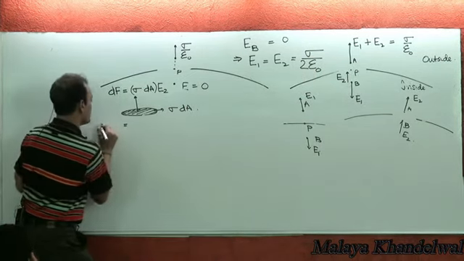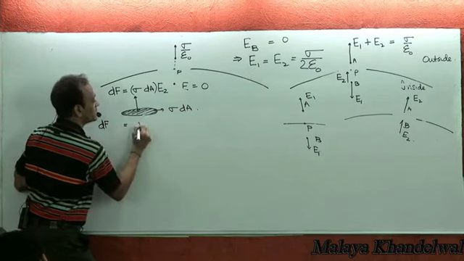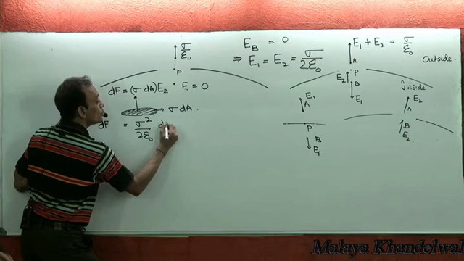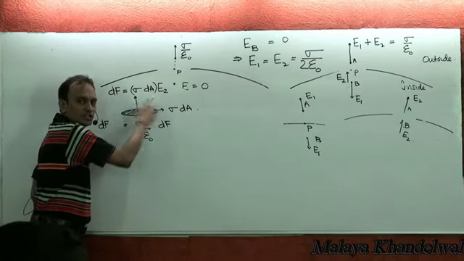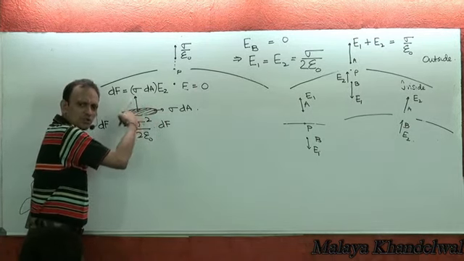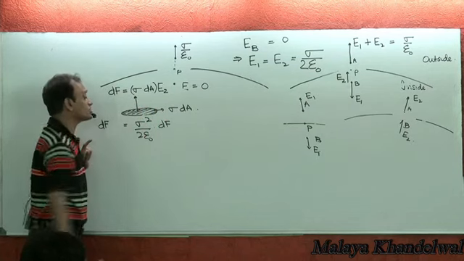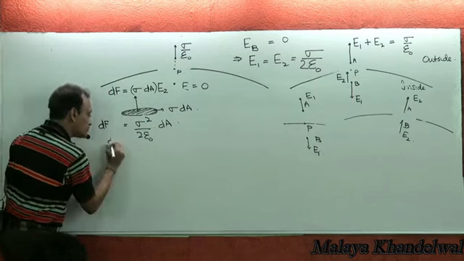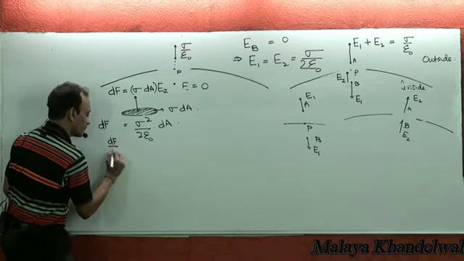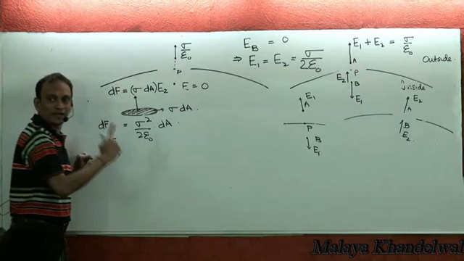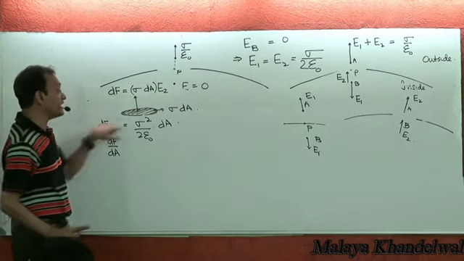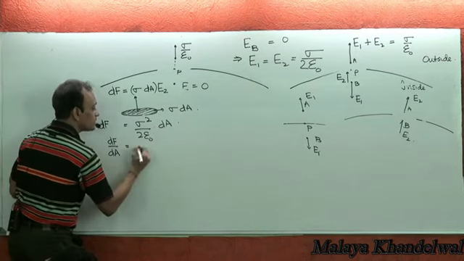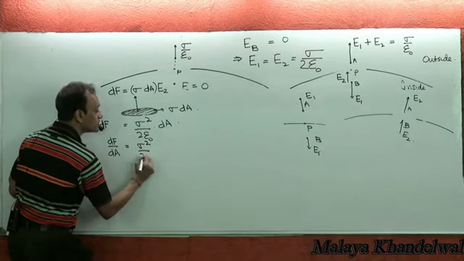So this force dF then is sigma squared by 2 epsilon naught into dA. That's the normal force acting on this small charge element dA, which means the outward force per unit area on this charge element, dF by dA, turns out to be sigma squared by 2 epsilon naught.